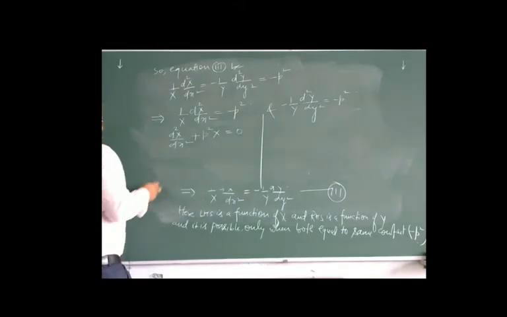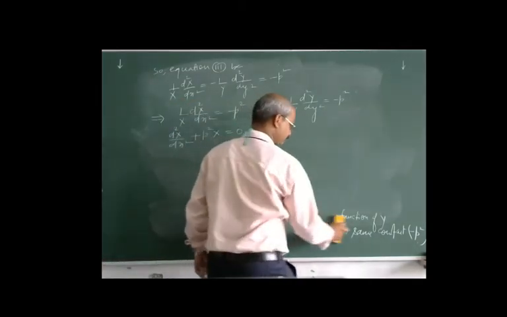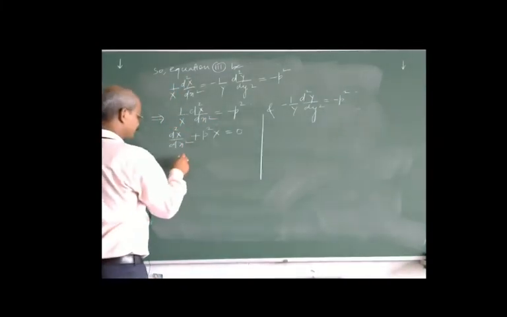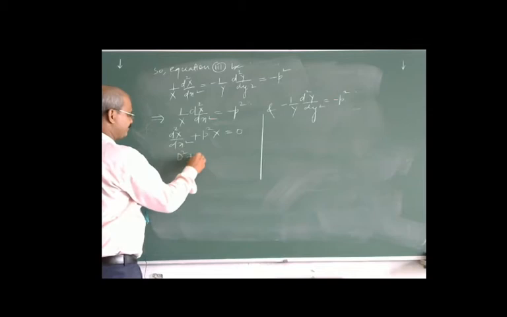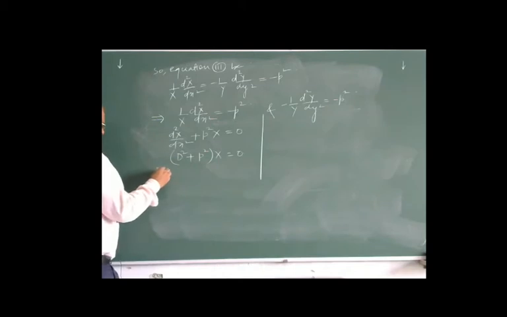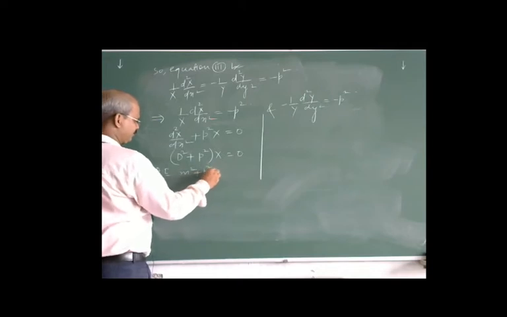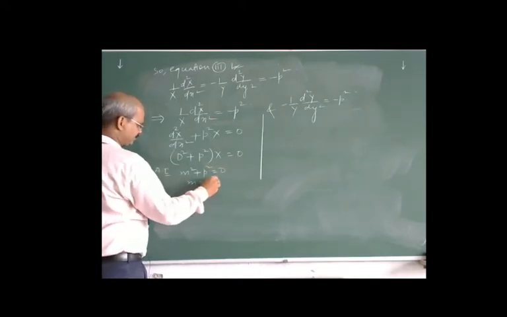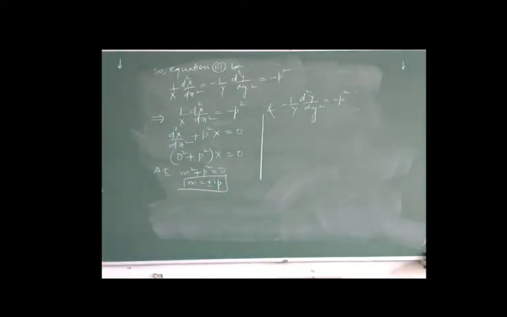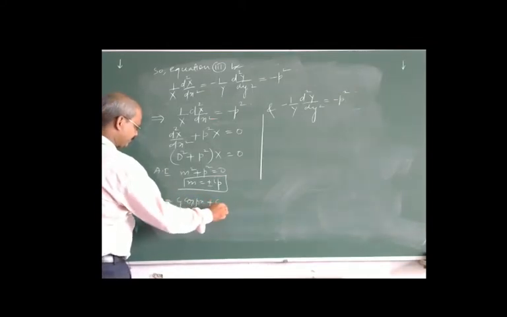So now the solution of this: D squared plus p squared X equal to 0. The auxiliary equation is m squared plus p squared equal to 0, so m equals plus minus ip. With the help of this, the value of X is c1 cos px plus c2 sin px.